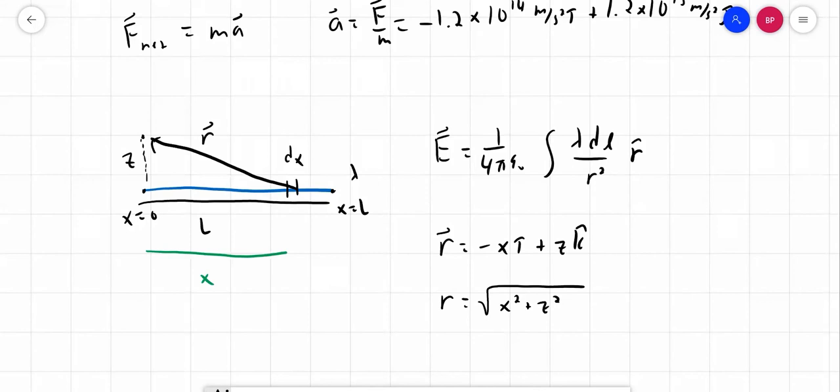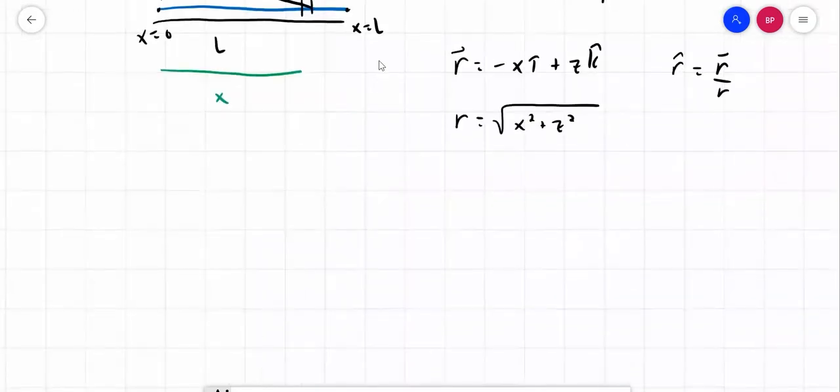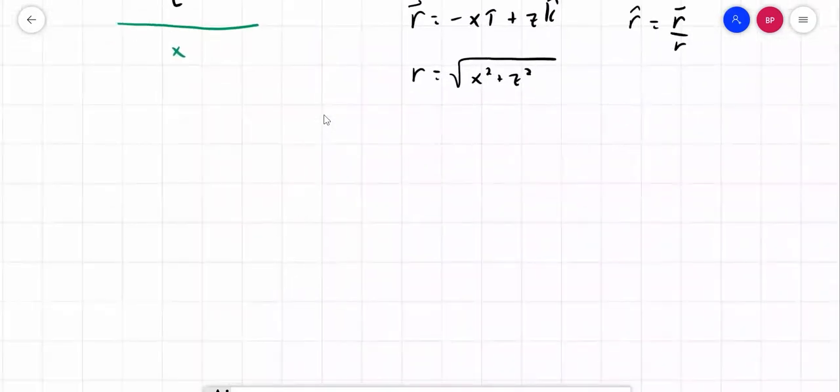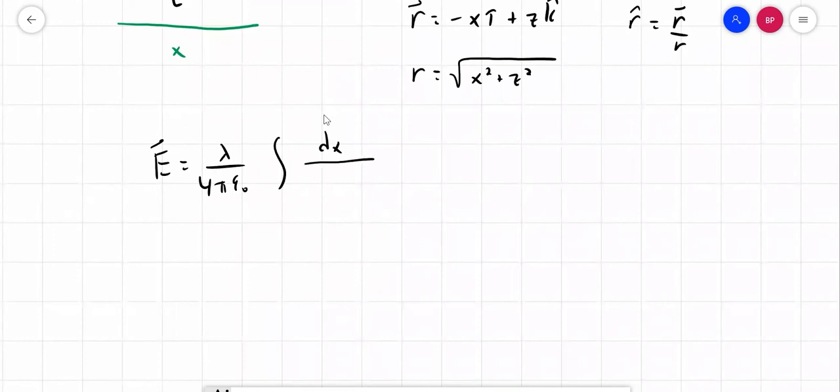Okay, now our unit vector, r hat, is our full vector r divided by r. So when we plug that in here, we're going to have the full vector here and this cubed just like we did before. All right, we can also pull lambda out of the integral because it's a constant. All right, so our electric field then is lambda over 4 pi epsilon naught times the integral over dx of our r, which is this thing cubed.